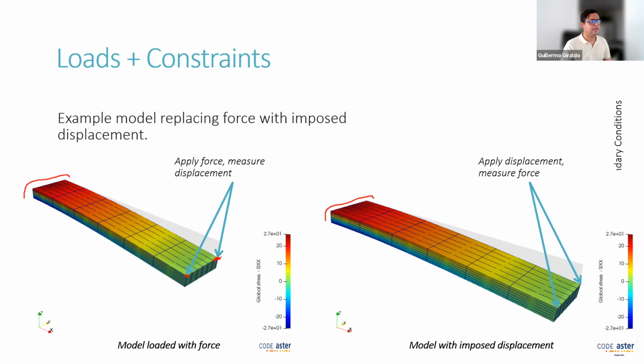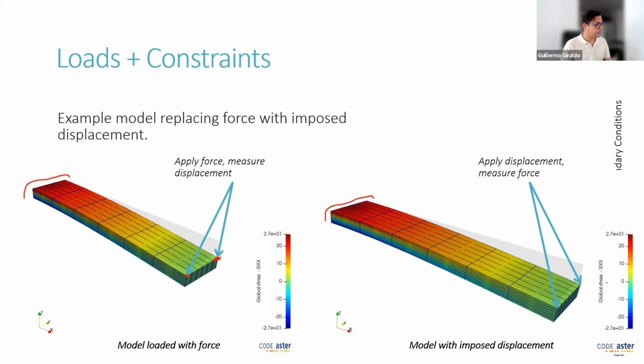So the point that I want to prove here is, do not think of the boundary condition as the only possible way to do it, but always explore what are the possible modeling approaches for your system.